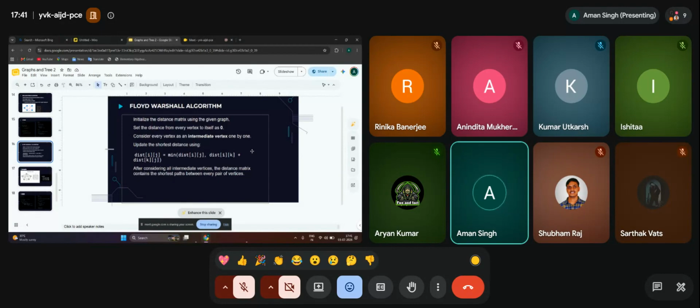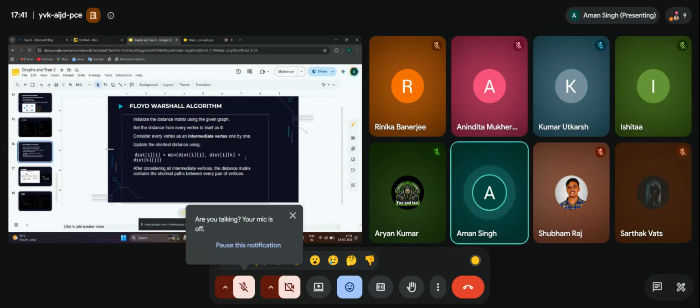But what if we need to find the shortest distance between any pair of the given nodes? In that case, we use the Floyd Warshall algorithm. It is a multi-source algorithm, and we will see that we use some concept of DP here.